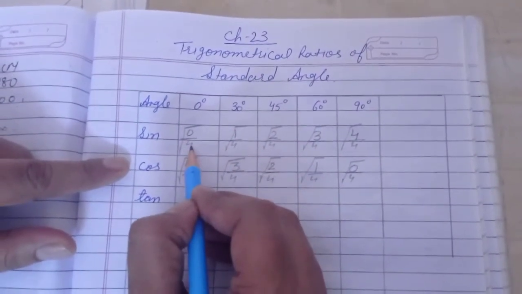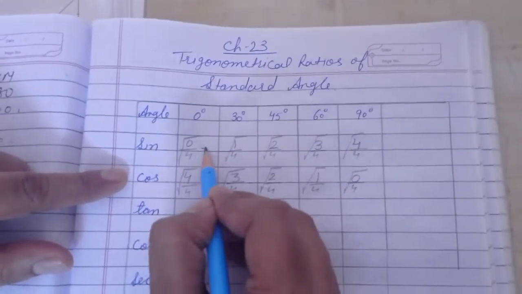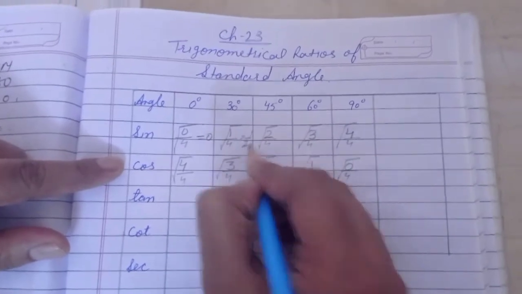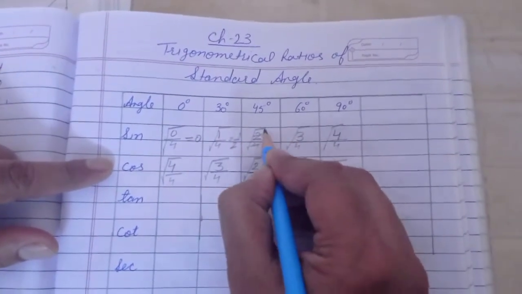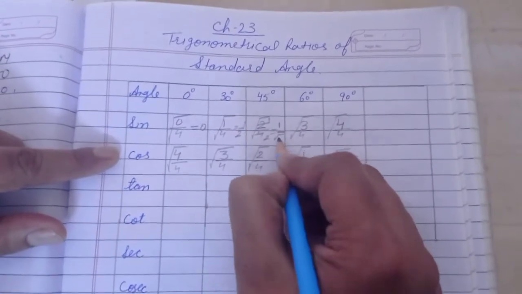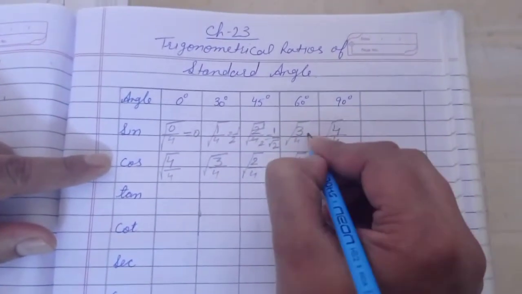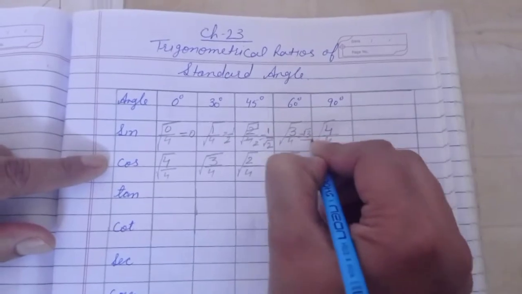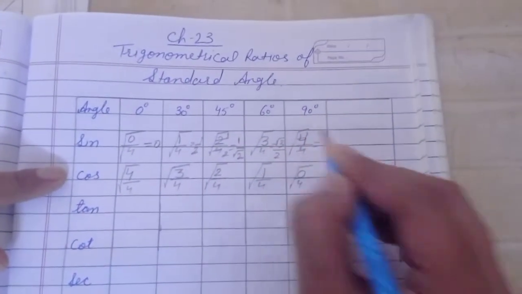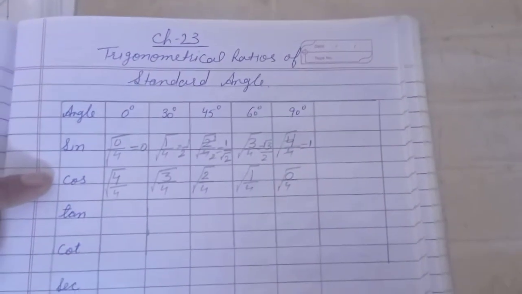0 divided by something is 0 only. And what is root of 0? 0. What is the square root of 1 by 4? It's 1 by 2. Then root of 2 over 4 is root 2 over 2, which can be written as 1 by root 2, because root of 1 is 1 only. Clear? Then root 3 over 4 will be root 3 upon what is the square root of 4? That is 2. And this is what? 1. Square root of 1 will be 1 only.